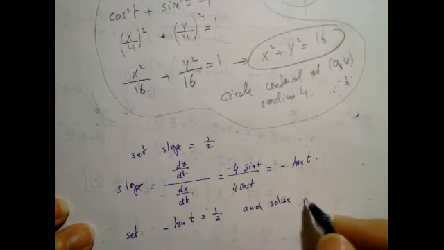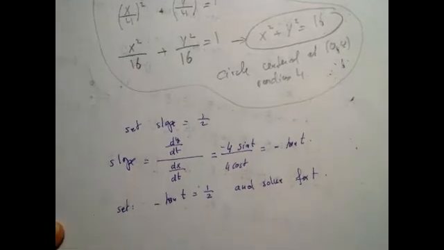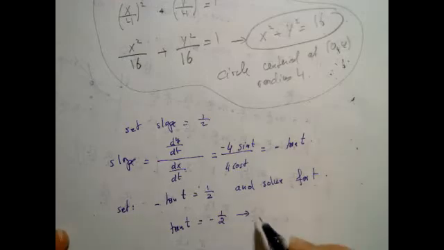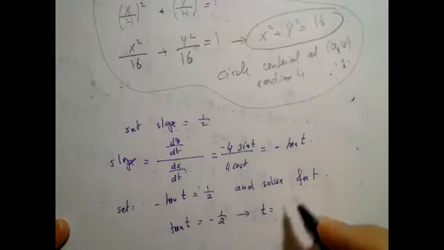So the question is, which t's will give me that? All right, let's see how to solve that. Tangent t equal a half, it means the tangent is minus a half. Okay, so what is t? Inverse tangent of minus 1/2.